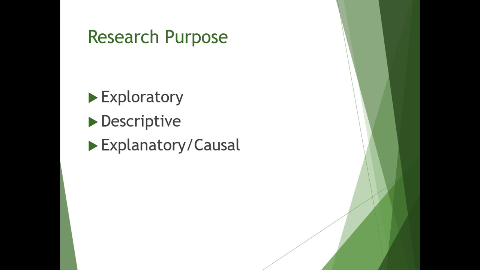So this is the most advanced research type. And normally when you read the articles for your assignment also, most of them will be of causal nature or explanatory nature.